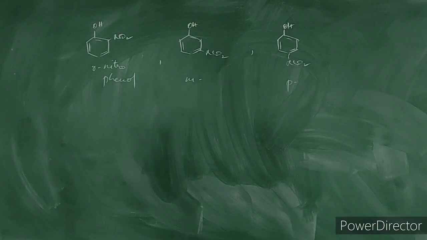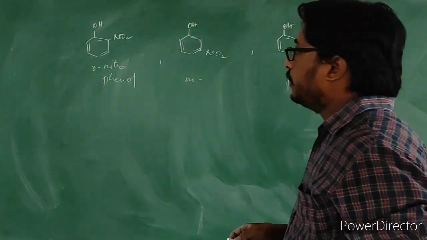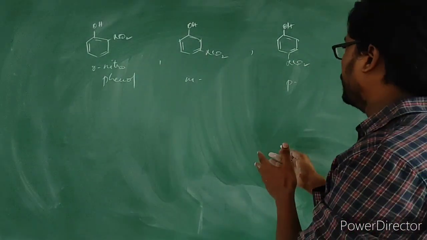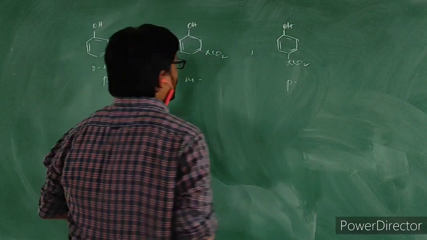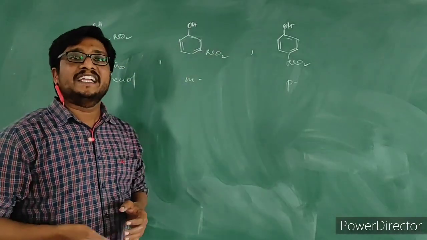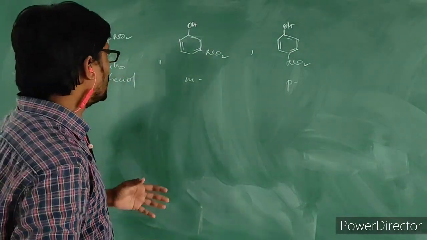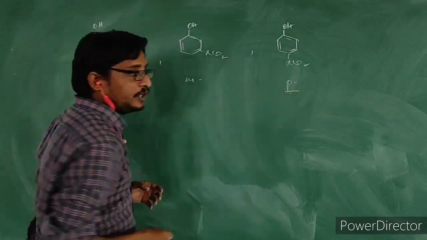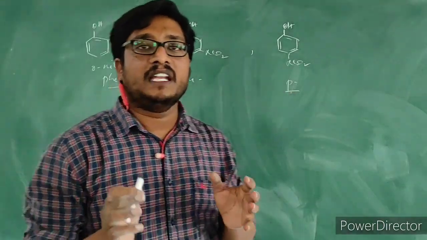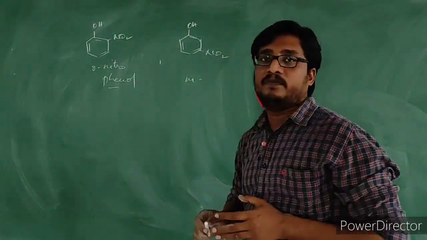Now, let us see the acidic nature of ortho-nitrophenol, meta-nitrophenol, para-nitrophenol. Among these three compounds, which is more acidic in nature? Ortho-nitrophenol and para-nitrophenol are more acidic when compared with meta-nitrophenol. What is the reason?